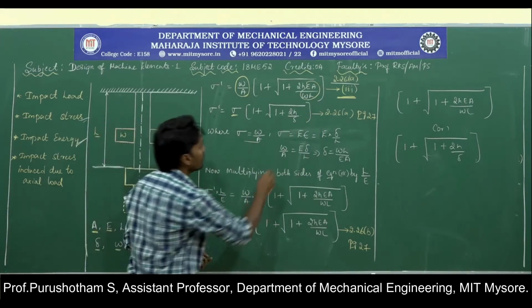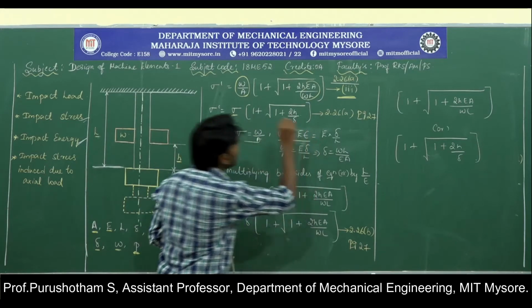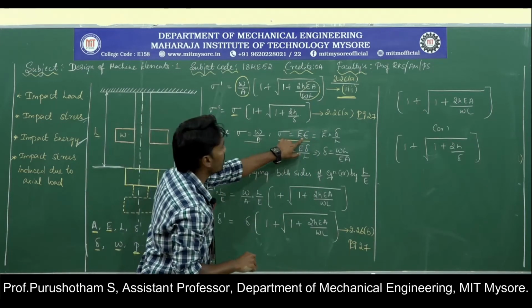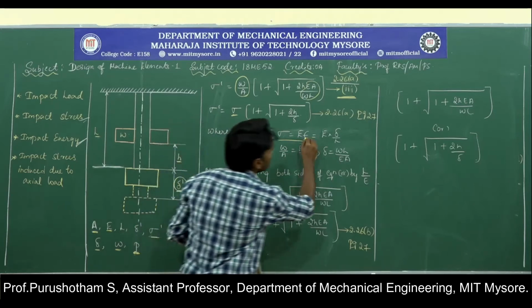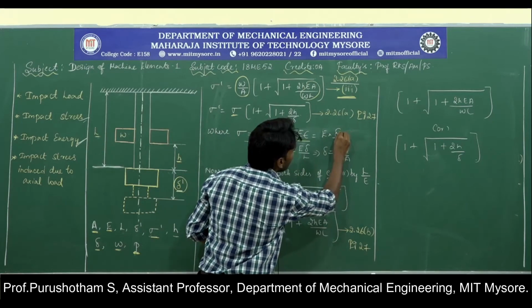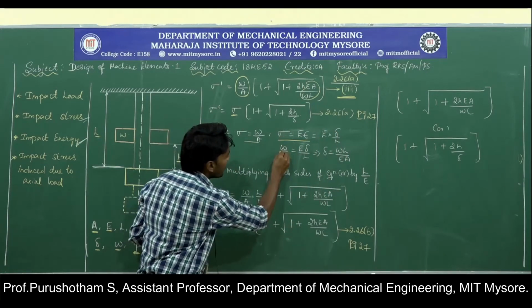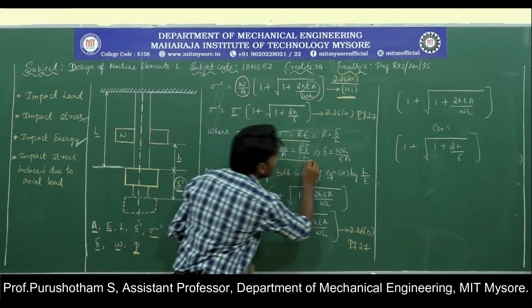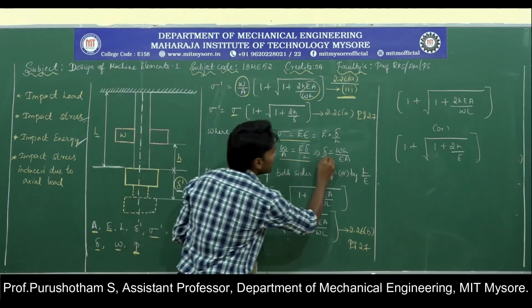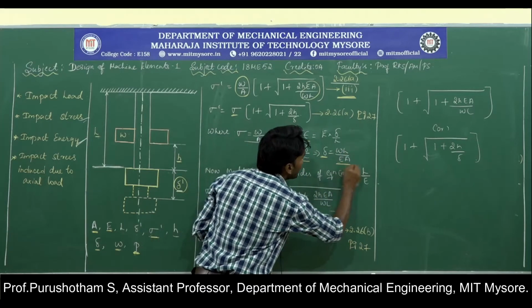As we know, sigma is given by E into epsilon, that is strain. Strain is given by change in deformation by original length, and sigma is given by W by A. If you solve this in terms of delta, we will get WL by EA.